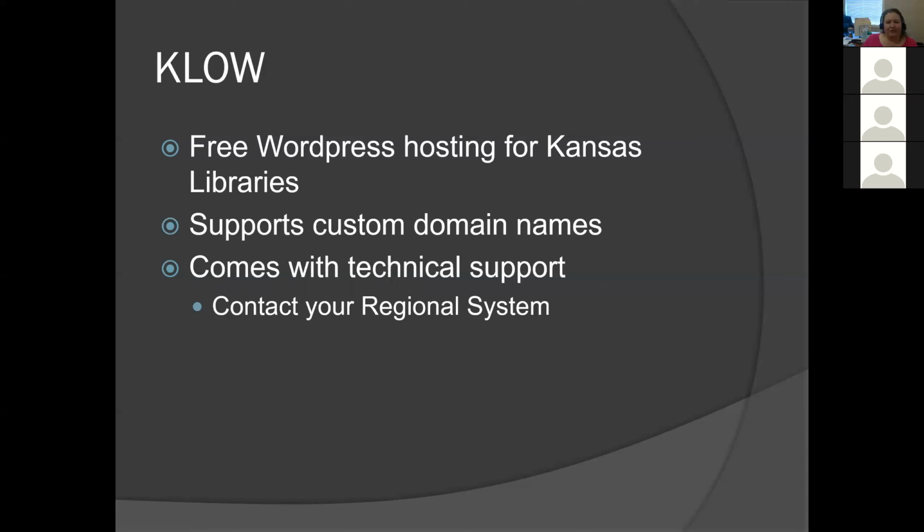You can purchase a domain name and we can set up a site for you on that domain. It does have some technical support. Your regional system techs can do basic technical support, help you with your website, that kind of thing. So just wanted to let you all know that that is there for you if you need it.